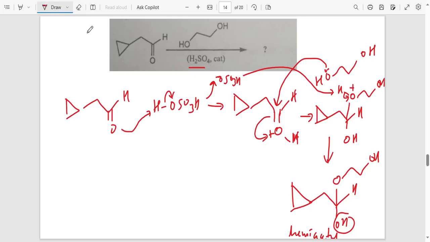Take note of that. Okay, but before then, what will happen is that the oxygen that is on the bottom here is going to grab a proton. It can grab from another sulfuric acid. So this will grab a proton, breaking off this bond.